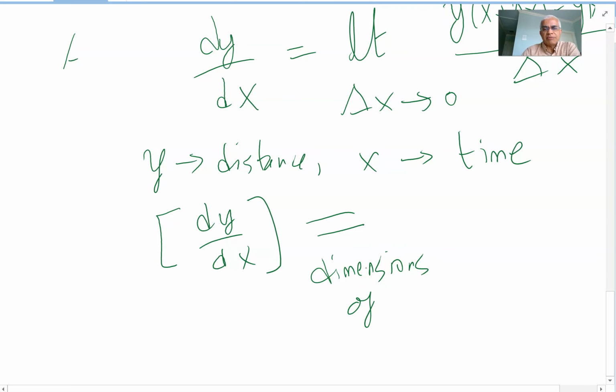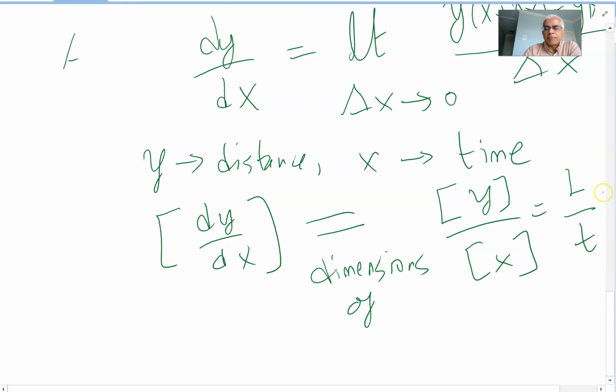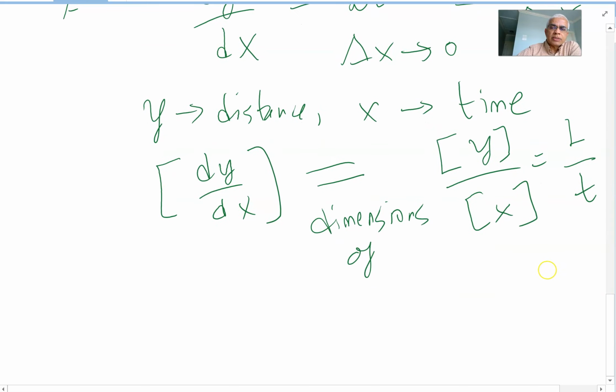So the dimensions of dy dx is the dimension of y divided by the dimension of x, which in this particular example could be distance, which I will call length, divided by time. Okay.